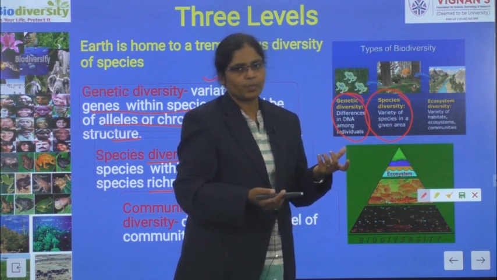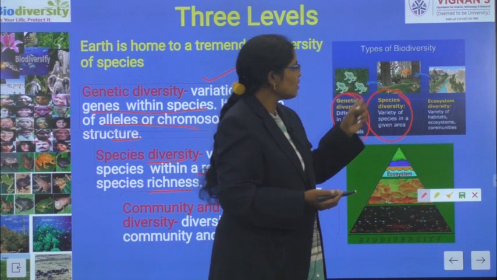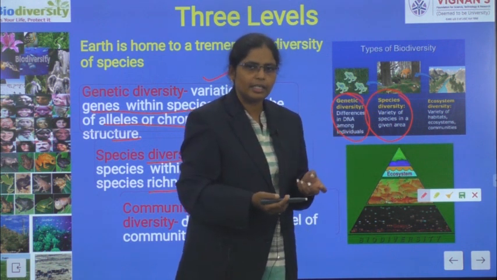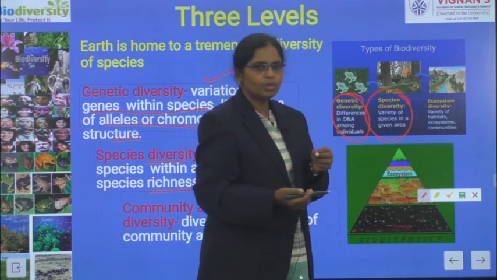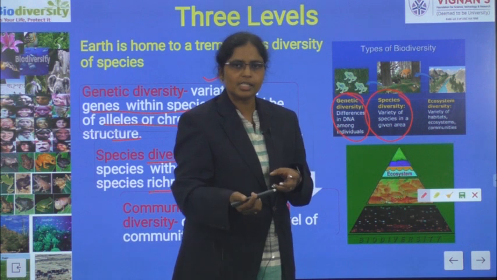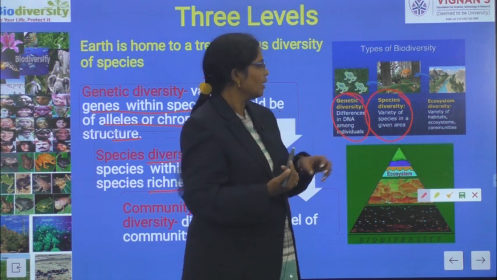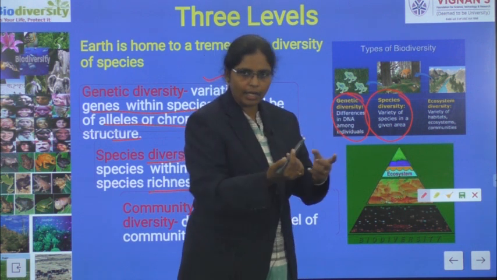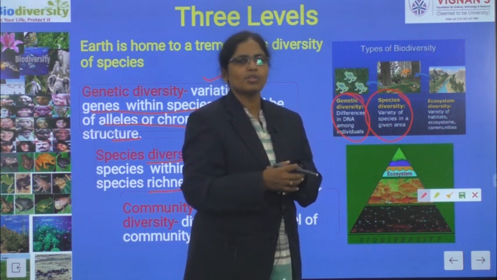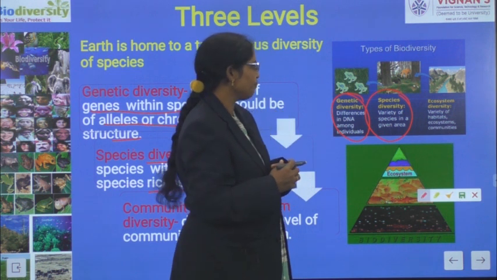Similarly, in animals also, tigers, lions, and deer. Not only those, but also the micro-environment, fungal organisms and bacterial organisms. That means the variety of species existing in a particular area is called species diversity.